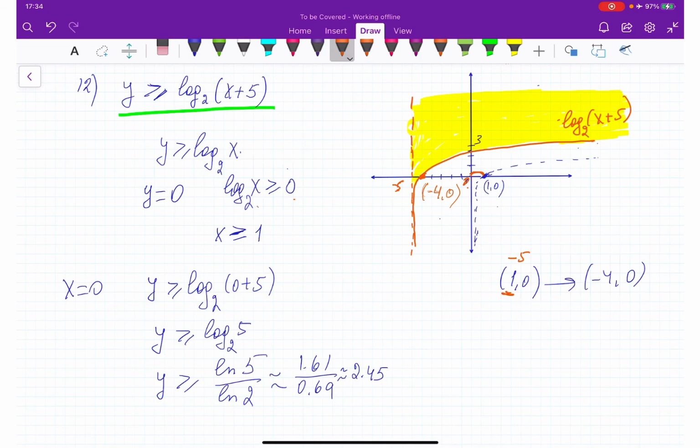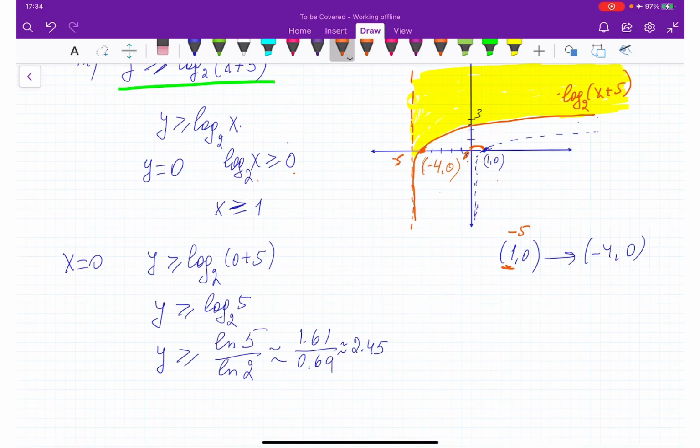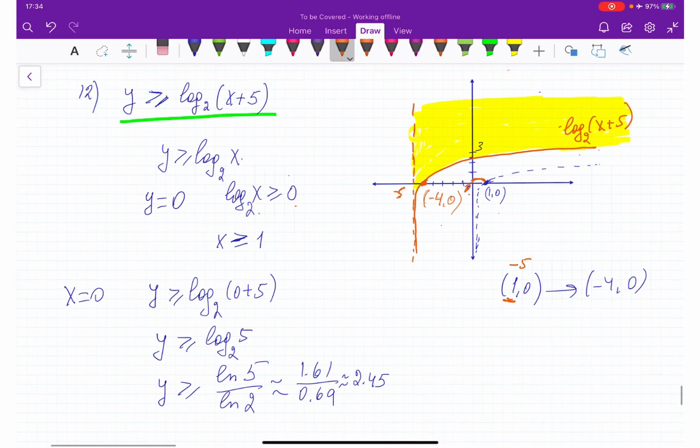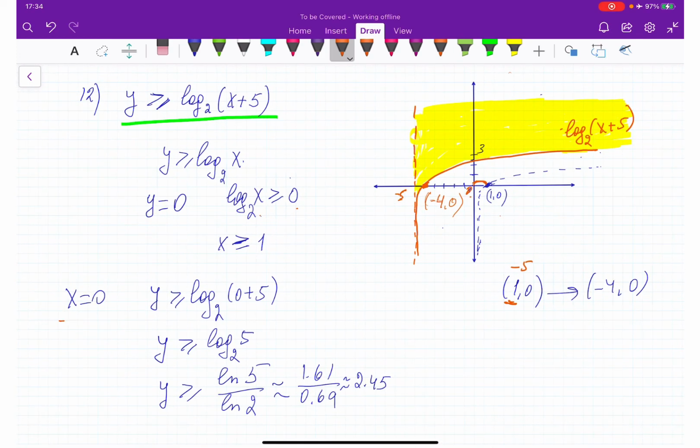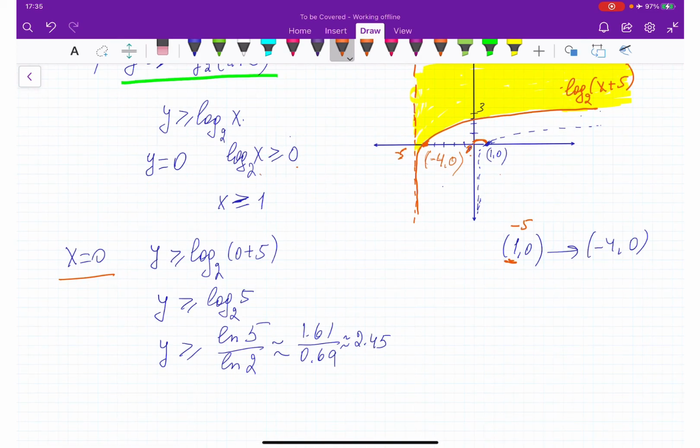All right, now, how about shading the area? So let's take x equal to 0, and y will be greater than log by base 2 of 0 plus 5, which is going to be log of 5 by base 2.